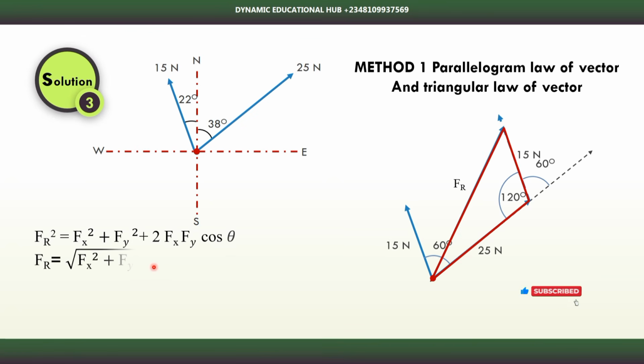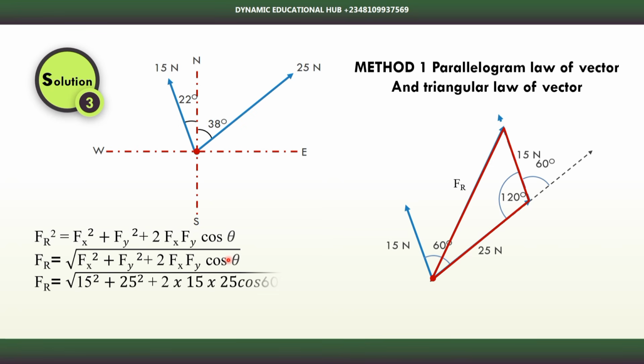Applying this, you have this guy over here, which is square root of this guy. Now let's insert our values. So which means that we have 15 squared plus 25 squared plus 2 times 15 times 25 cos 60 degrees. When you do that, you have 225 plus 625 plus 375.